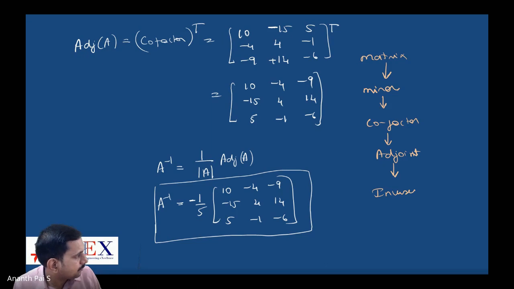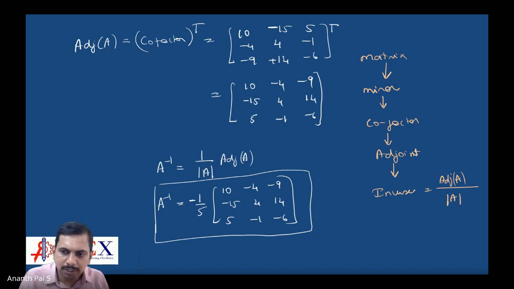Inverse is equal to adjoint of A divided by the magnitude of A, the determinant of A.